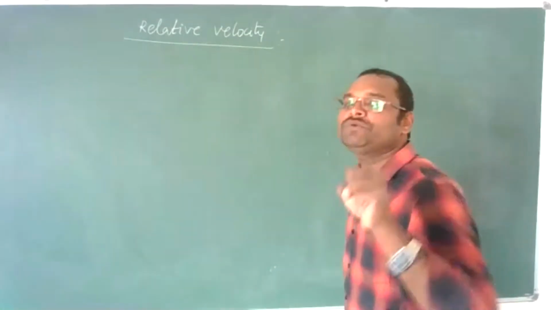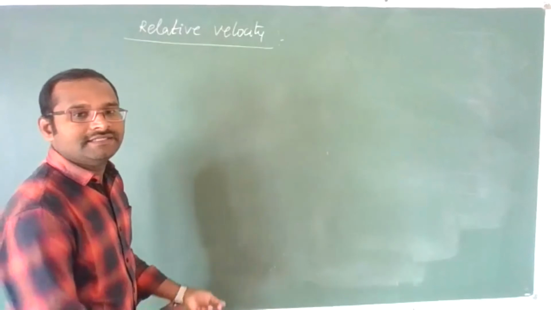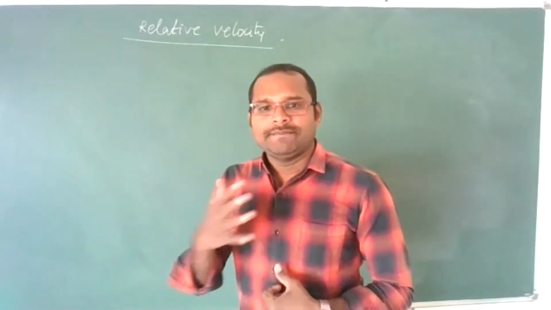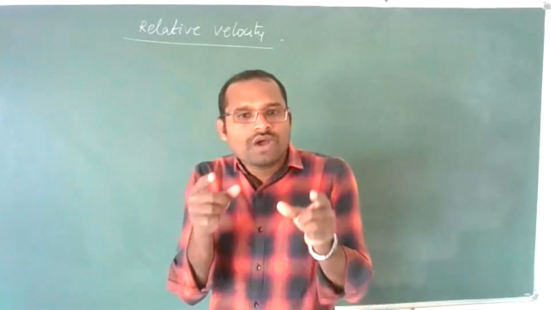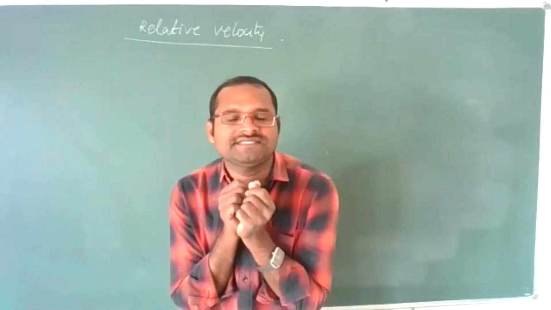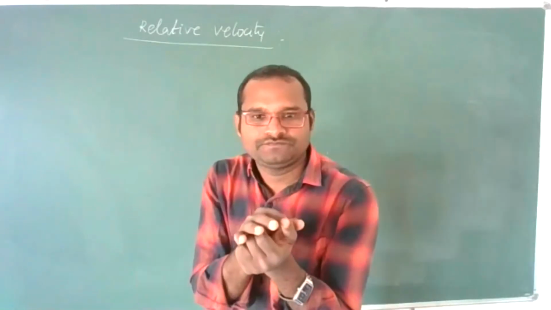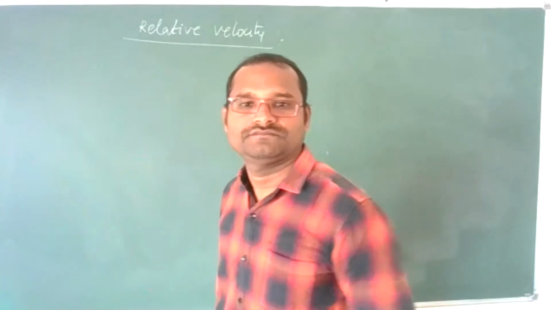So let us try to implement that concept of relative velocity here. Relative velocity is nothing but this: about whichever body, vehicle or object I am discussing, in that frame I should be, and then I should discuss the other object.